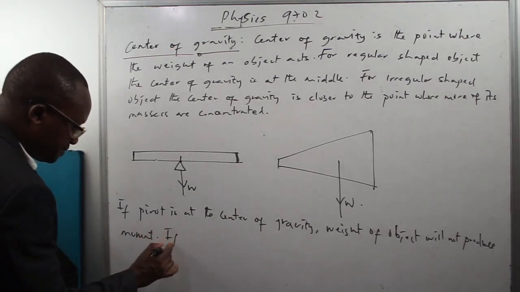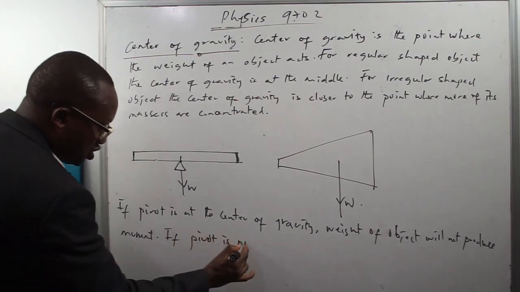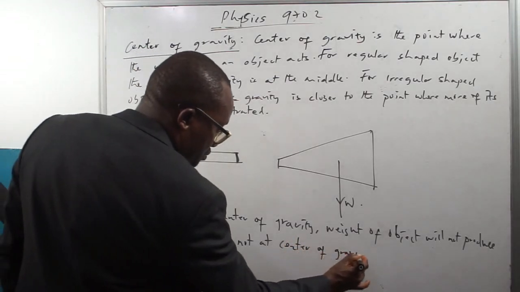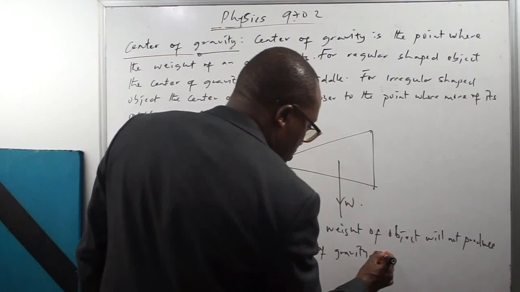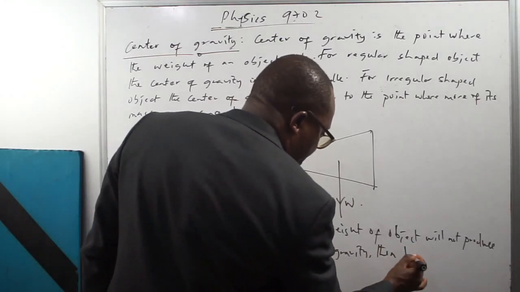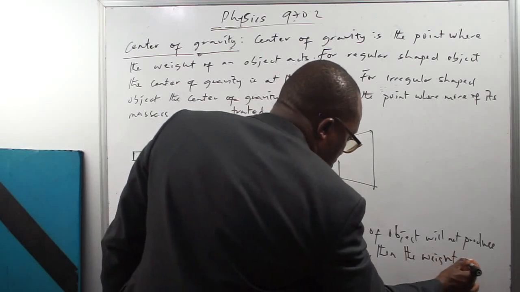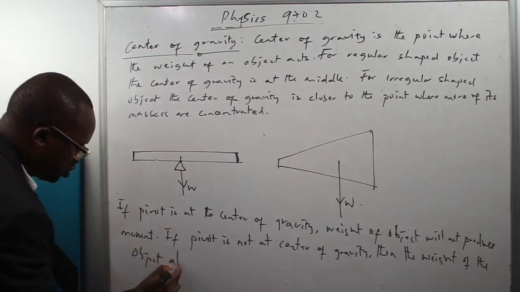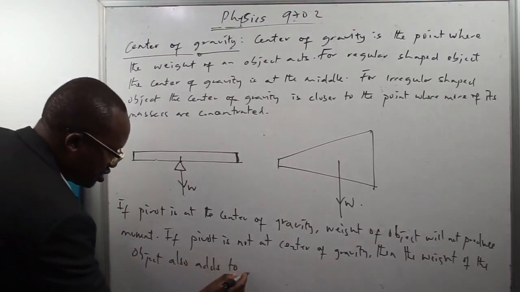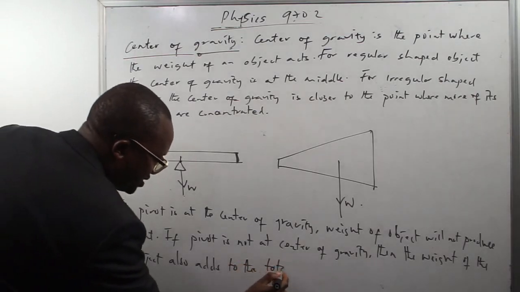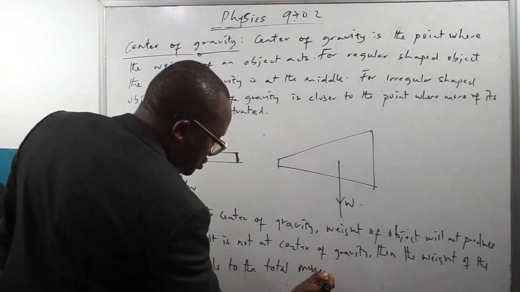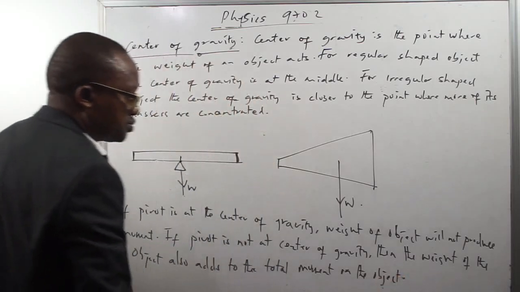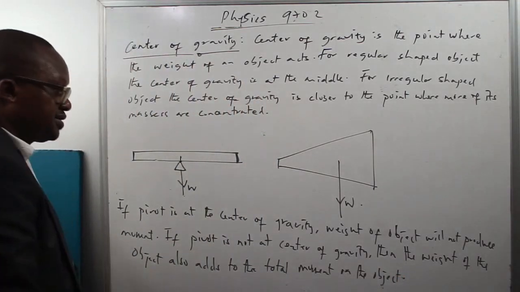If the pivot is not at the center of gravity, then the weight of the object also adds to the total moment on the object. Is that clear?